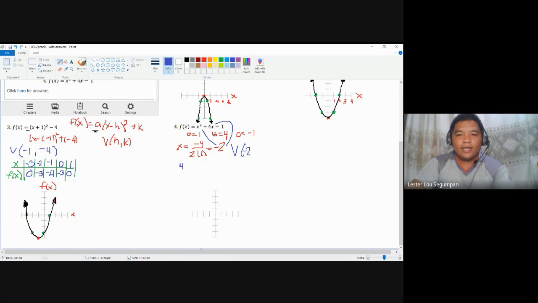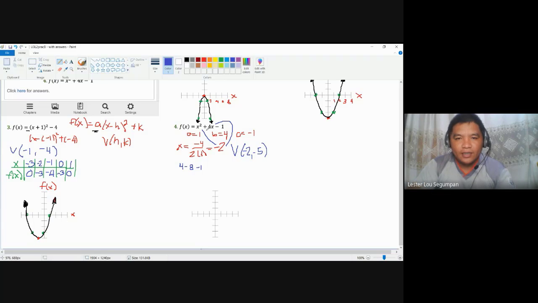And then 4 times -2 is -8, and we have here -1. So 4 minus 8 is -4, minus 1 is -5. So -2 is partnered with -5.